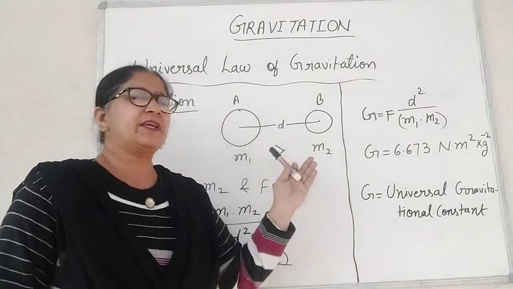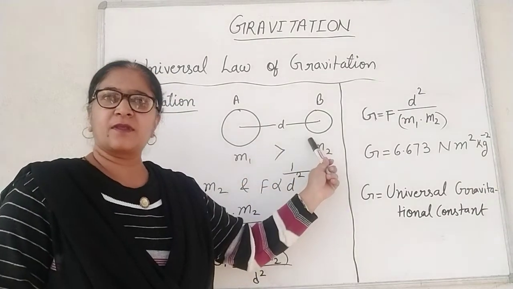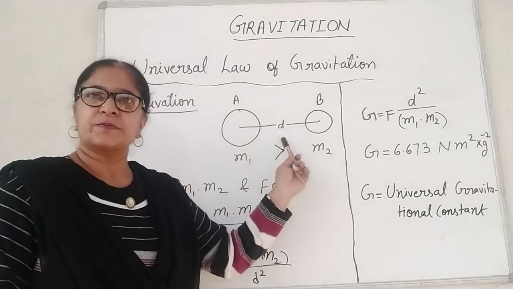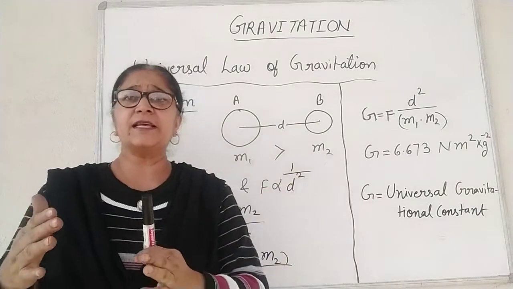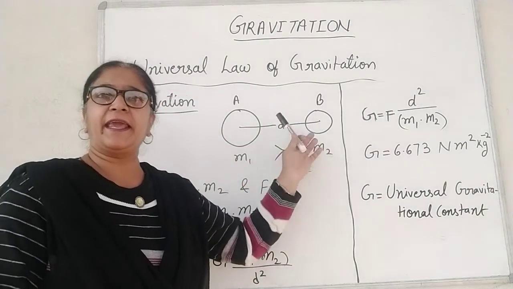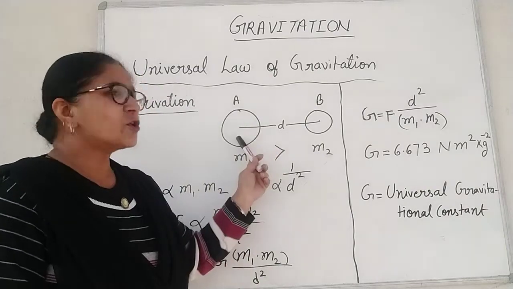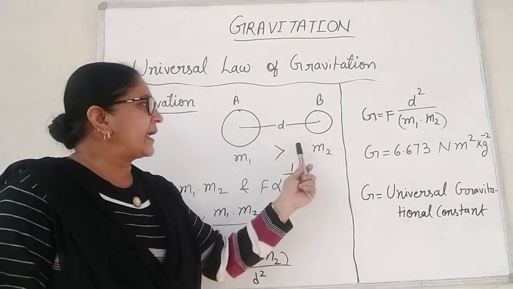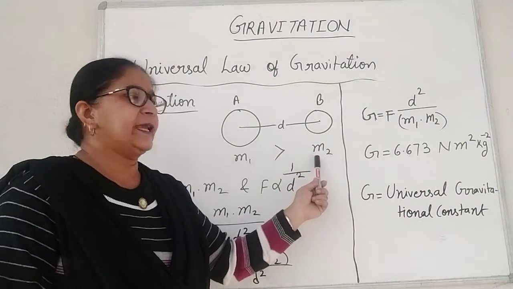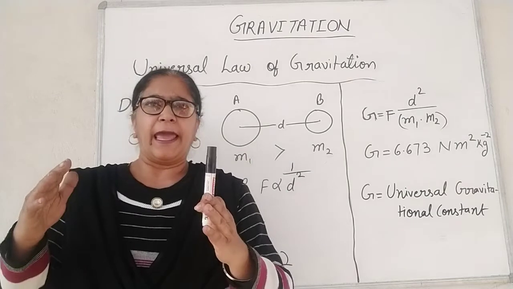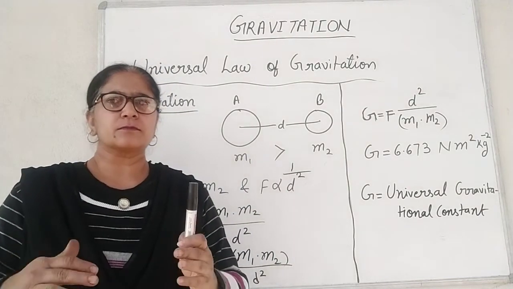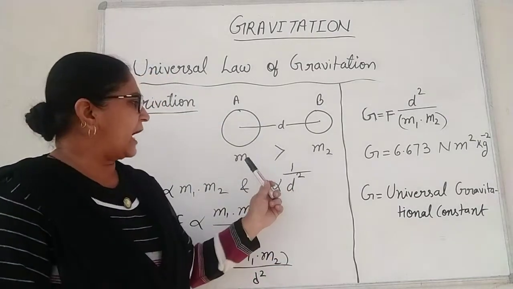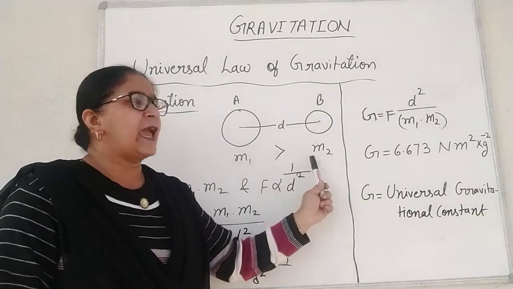The distance between the centers is considered the distance between the two objects A and B. The mass of object A is m1 and that of object B is m2. Let's see, as object m1 is bigger than m2.